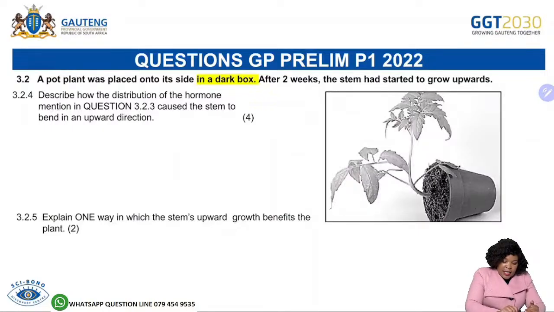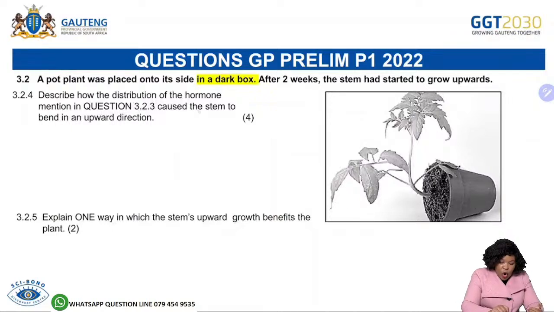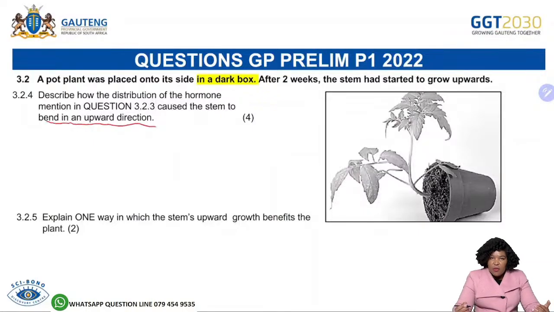We say, describe how the distribution of the hormone mentioned in question 3.2.3, meaning on the previous question you did mention the hormone, which was the auxins, has caused the stem to bend in an upward direction. With the background information that you started with, you are not supposed to scratch your head.